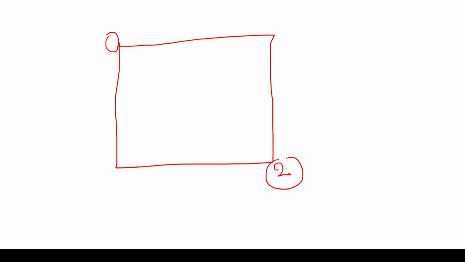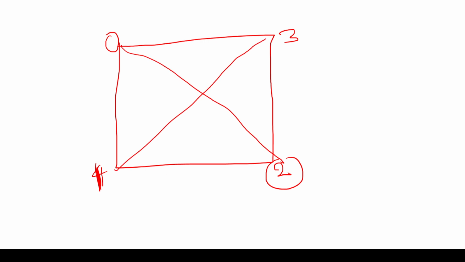We know that this is 0, this is 2, so 3 will come here, and 4 will go here. So if we draw 0, no sorry, this will become 1. Okay, yeah. So if we take this diagonal, this is the possibility that we can form. So that is the first way that we can form the polygon here.